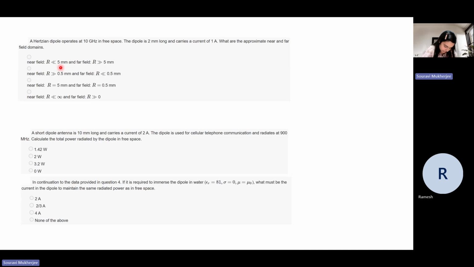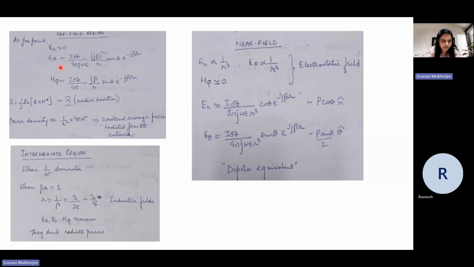Nu equal to C by lambda, so lambda is equal to C by nu. I think we are doing it correct only. Wavelength is 30 mm. And if I use this relation, let me use this relation. So beta, what is beta? Beta is 2 pi by lambda. So lambda by 6, what is lambda by 6? Use this relation.